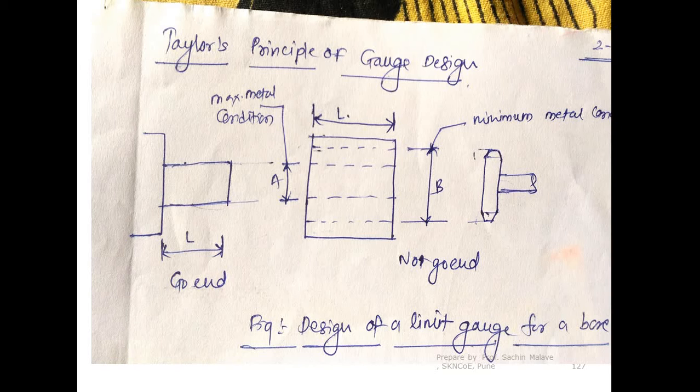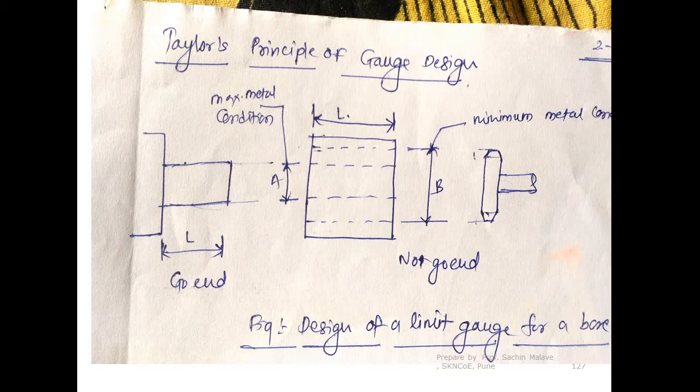It is this one here and here. So maximum amount of material is remaining in the part when the size of the hole is minimum. This is for the minimum size of the hole. So when the hole is at its minimum size, there is maximum metal in that particular part.